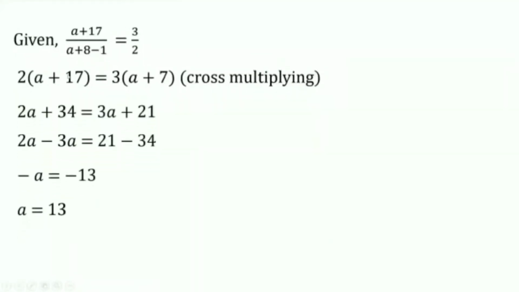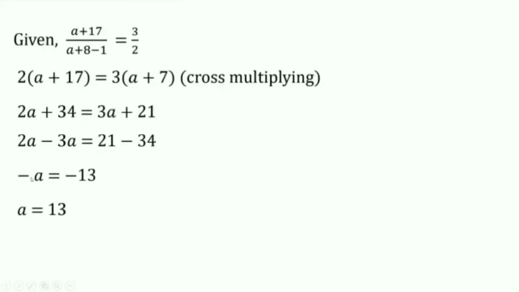Here a plus 17, because 17 is added, and here 8 minus 1 will be 7. So it is 2a plus 34 is equal to 3a plus 3 sevens are 21. Now transposing this 3a to the left hand side and 34 to the right hand side, we'll get 2a minus 3a is equal to 21 minus 34.